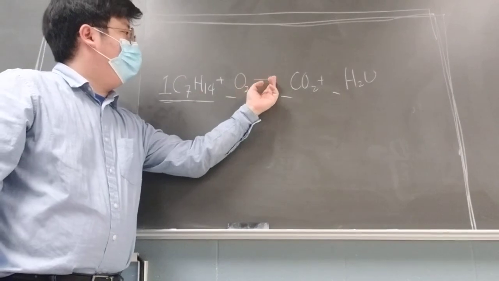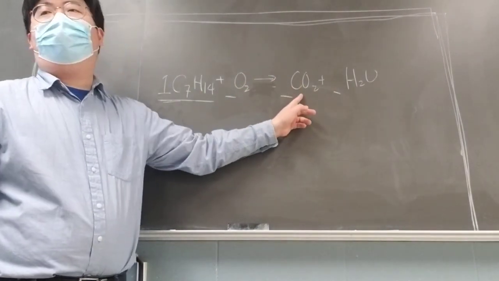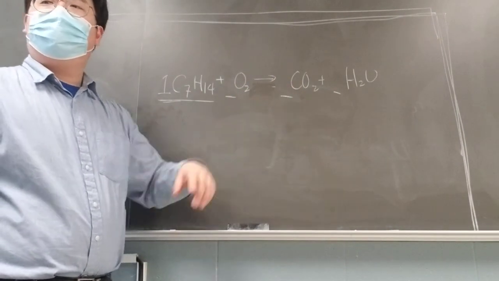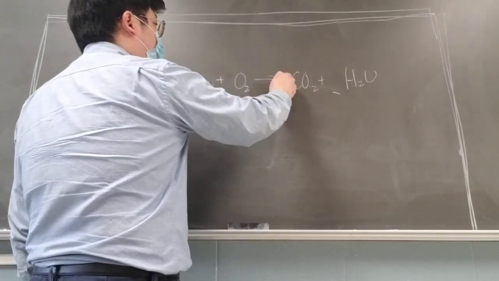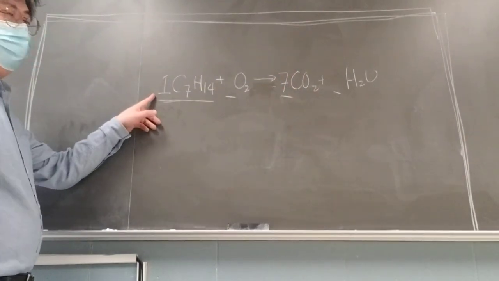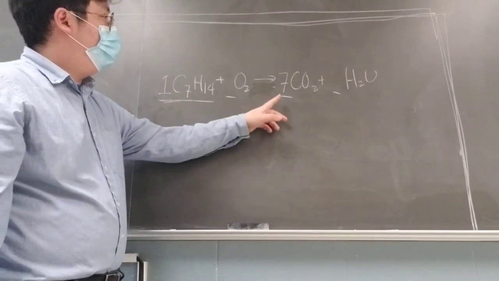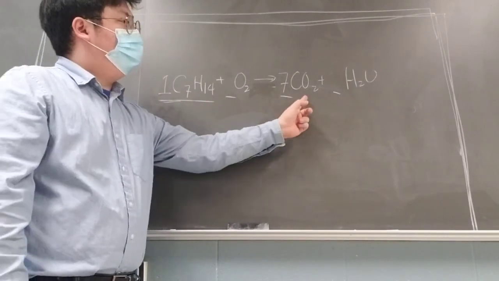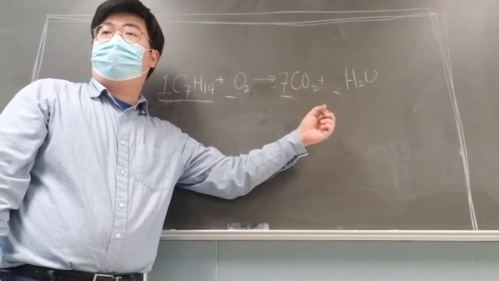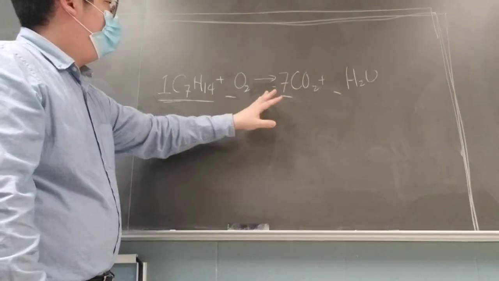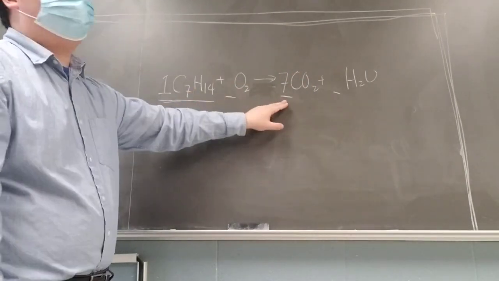So to make the same numbers of carbon, this one has to be 7 at least. Because even one organic compound will have 7 carbons here, but each carbon dioxide has only 1 carbon in it. So to make the same numbers of carbon, it has to be at least 7.